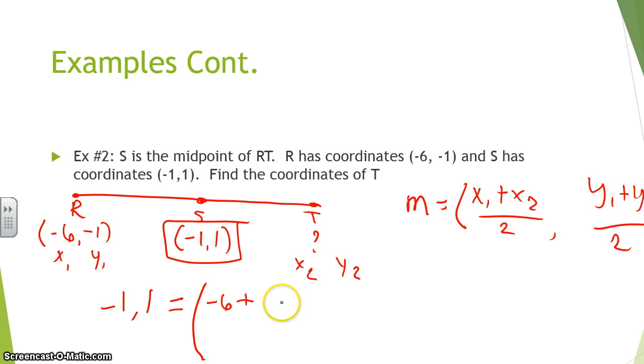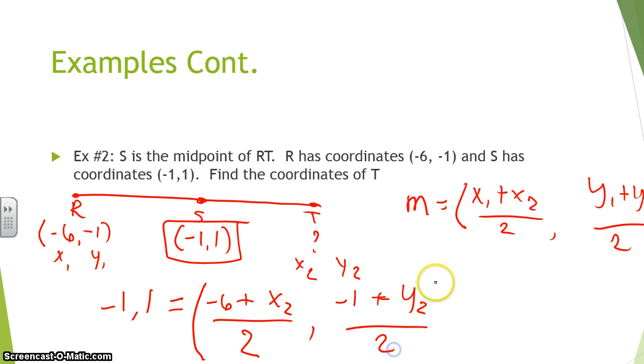So I'm going to leave that as x2 over 2, comma, y1, my y1 is going to be -1, plus my y2, which we don't know, we can call that y2, over 2. So that's how we would set this up to help me solve this.